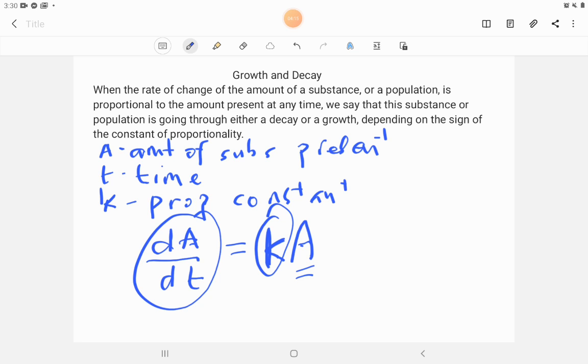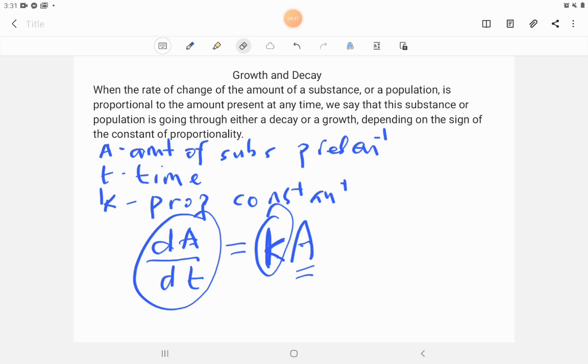Although in some books and other resources, they always give a positive sign for K when it comes to growth, but negative for decay, at times you may have a problem where you are not sure whether you are dealing with a growth or a decay. So my suggestion is you do not have to place a sign in K, and it will just come out positive when it is growth, and negative when you are dealing with a decay problem. So it depends actually on your given.